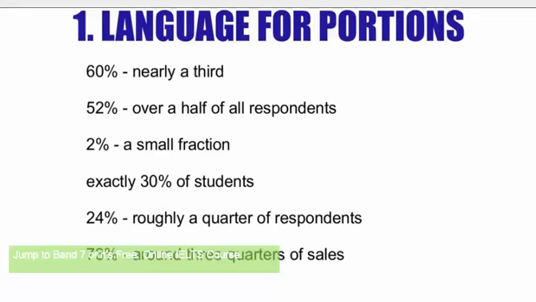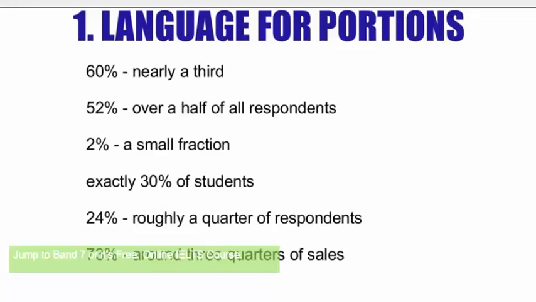If it's a small percentage, 2%, 3%, 1%, you can say a small fraction. A small fraction of sales originated in Vietnam, for example. You can also say exactly 30% of students studied economics, for example.